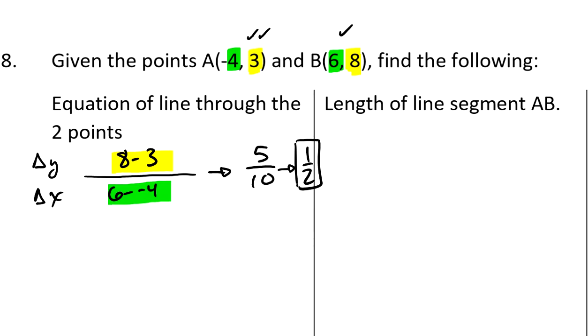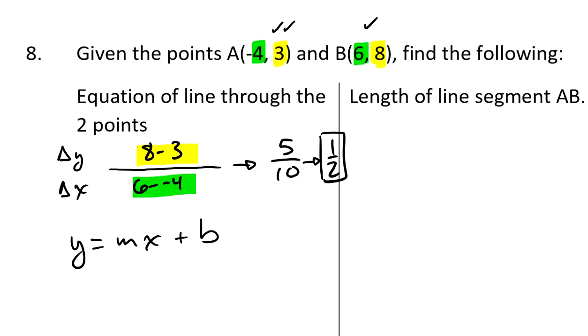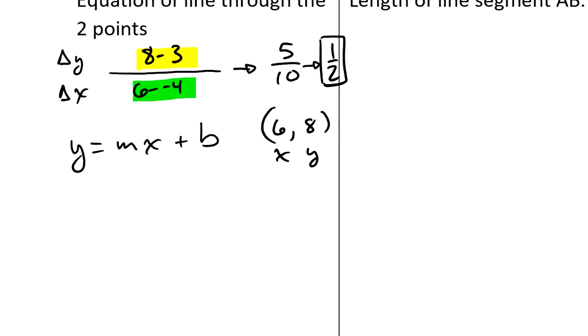What I need to do now is figure out what the y-intercept of that line is. So what we've been doing is, starting with a general equation of a slope in y-intercept form and picking one of our 2 points. I guess I'll pick this point, the 6, 8, the second point. It has an x value and it has a y value. So I'm going to plug the y value from that point in.